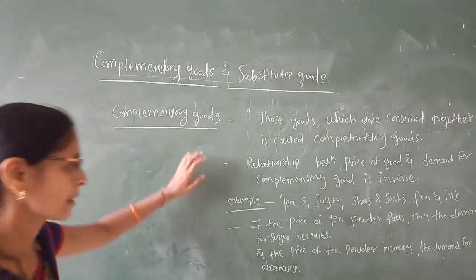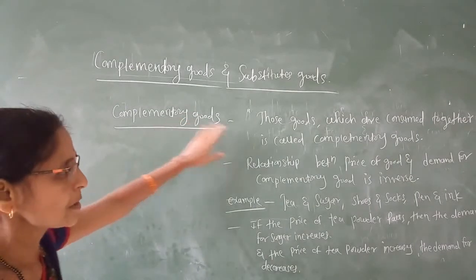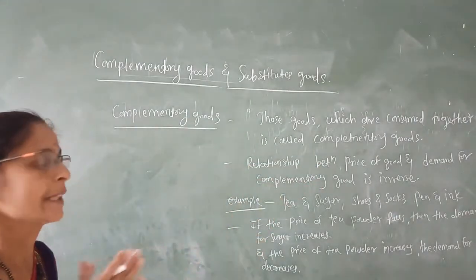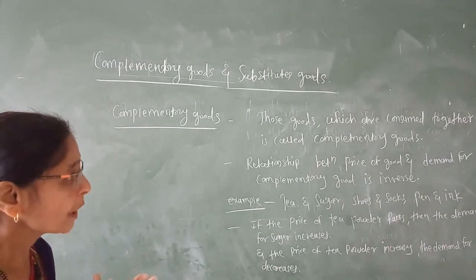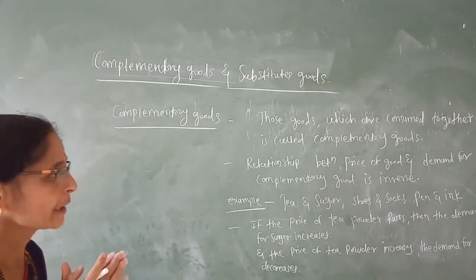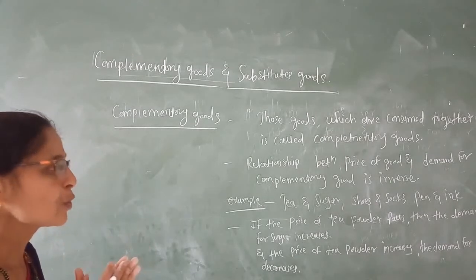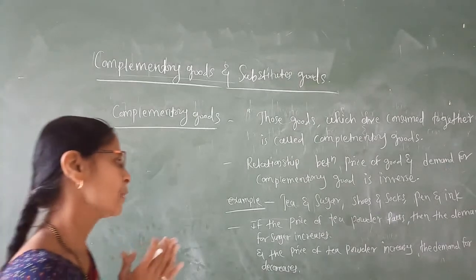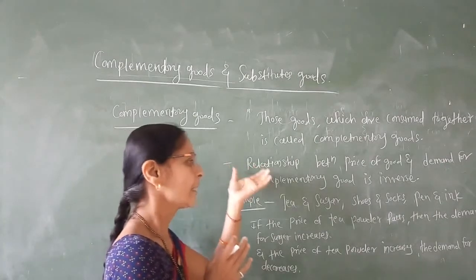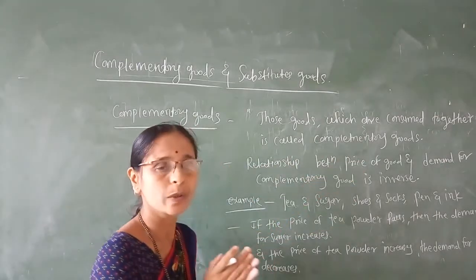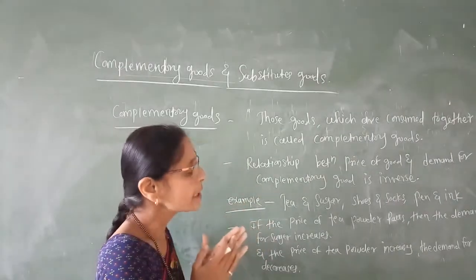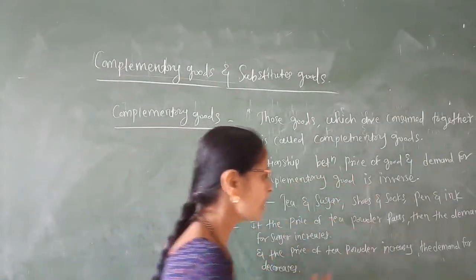See students, the complementary goods means goods which are consumed together, which we use together. Those goods we call the complementary goods. And the relationship between the price of the good and the demand for these goods is inverse.